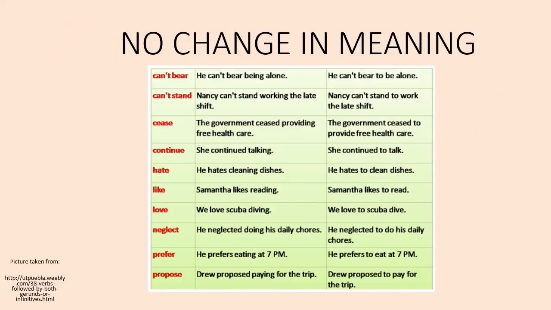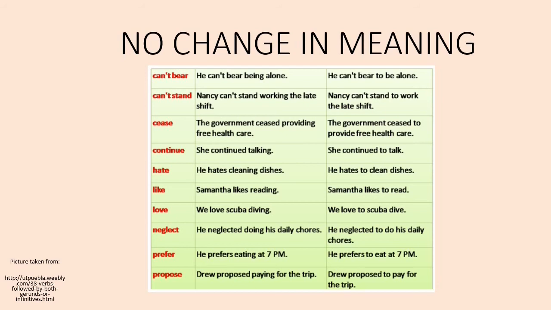Here I've listed some more verbs which don't undergo any changes in meaning if they are used with the infinitive or with the ing form. So both the ing and the infinitive can be used interchangeably without any change in the meaning.